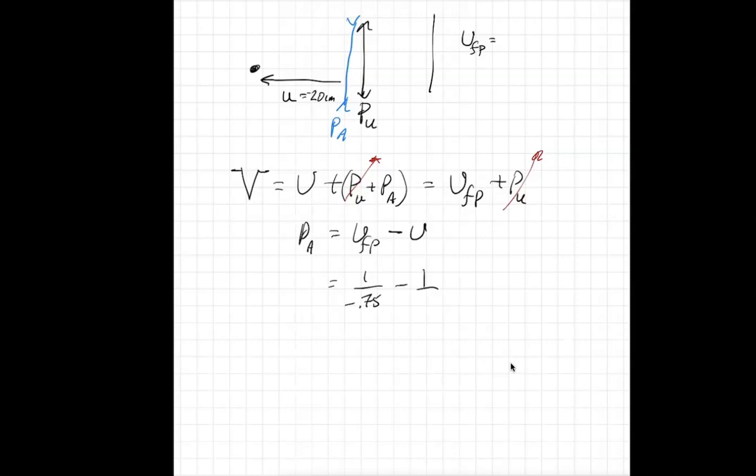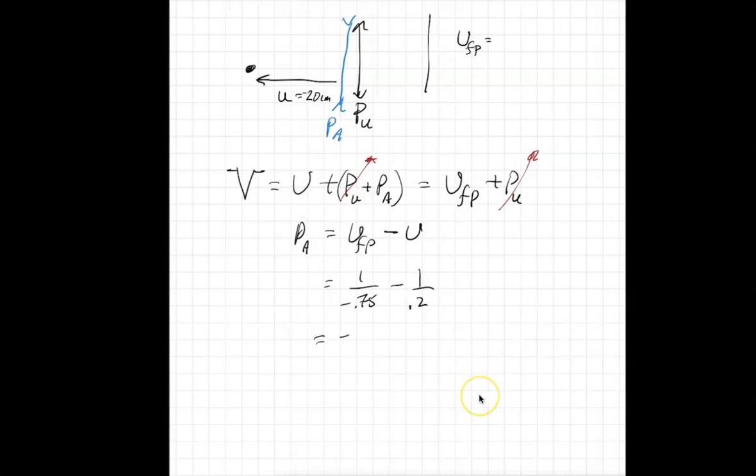And then the object is being placed at 20 centimeters, so minus 0.2. Minus 1.33 diopters. Oh, I have to be careful here. This is minus a minus. The object distance is itself minus 20 centimeters upstream, which is minus 5 diopters. So this is plus 3.7 diopters.